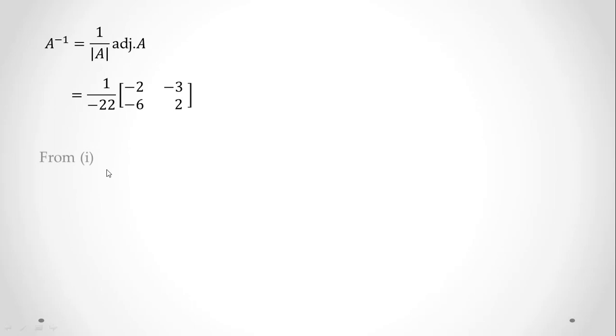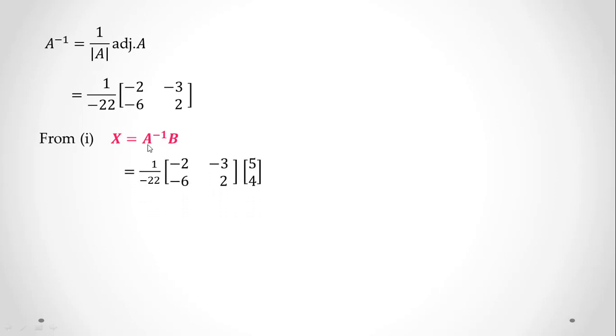Now from equation number 1, X is equal to A inverse B, how will you write? A inverse is written here, into B, and B is 5, 4. So 1 upon minus 22, keep as it is.